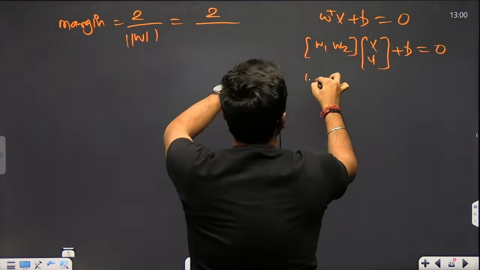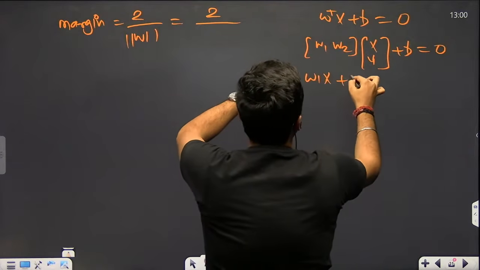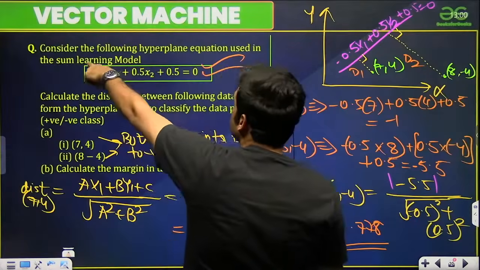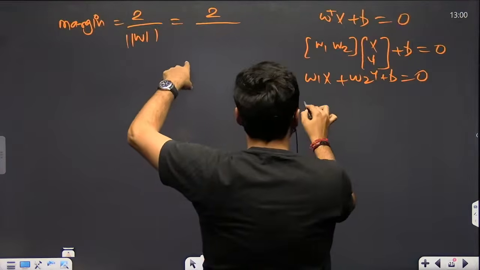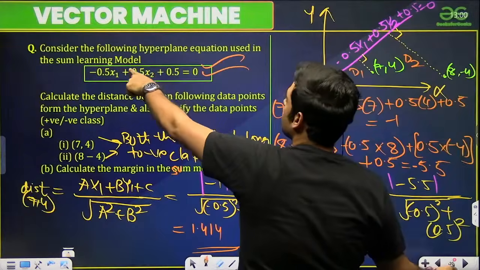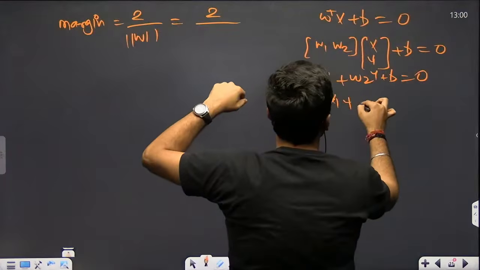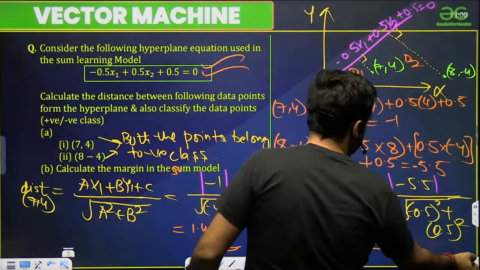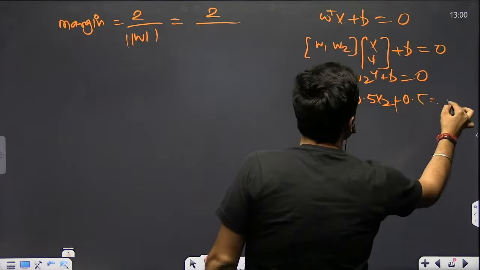So that means w1x plus w2y plus b equals 0. Here it is given negative of 0.5x1 plus positive of 0.5x2 plus 0.5 equals 0.